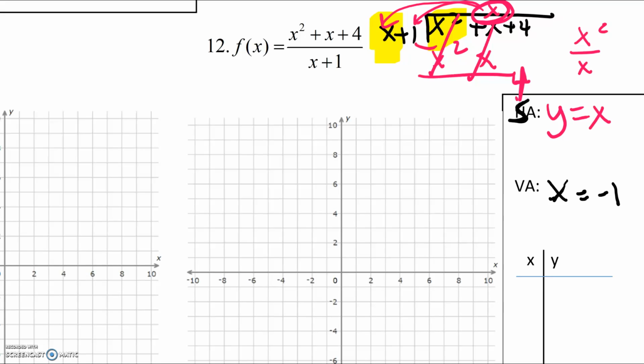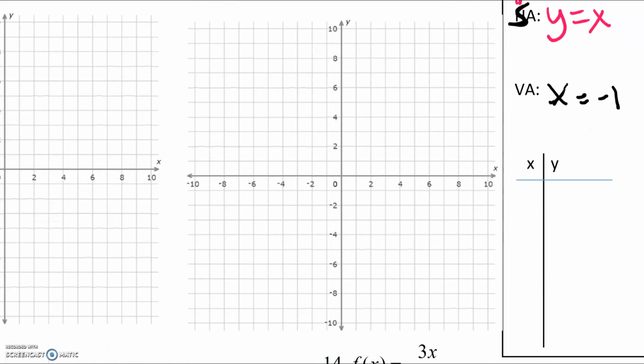Remember, I do want you to look for holes. That would be if something on the top factored and something on the bottom factored and something would cancel. If it cancels, there's a hole where that cancels at. I also will be looking for you guys to make a graph based on points that you came up with.